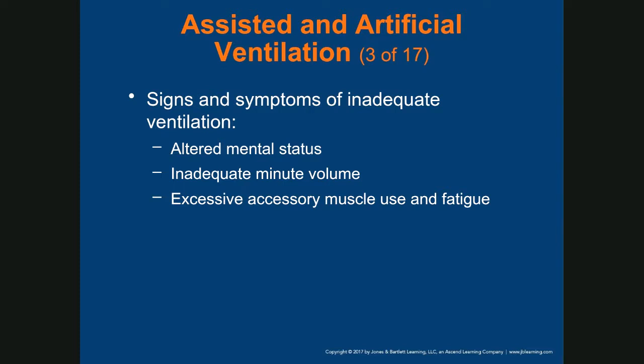So if the patient's LOC is compromised, the breathing rate doesn't look like it's compensating, you can see severe muscle use and the breathing rate is coming down, and you see poor chest rise, then your patient needs assisted or artificial ventilation, right? You're going to have to breathe for that patient.